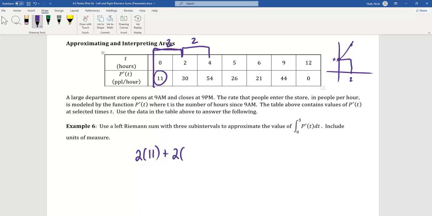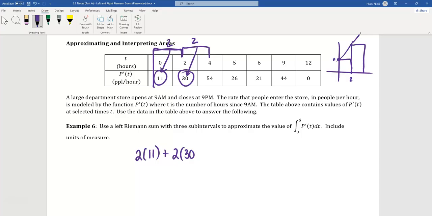What would I use for my height? Think about this next rectangle. You're going to do 30. So whenever you do this, it ends up being like this goes here, this is going to go here, right? For a left Riemann sum. If it was right, we would be choosing 30, 54, 20.